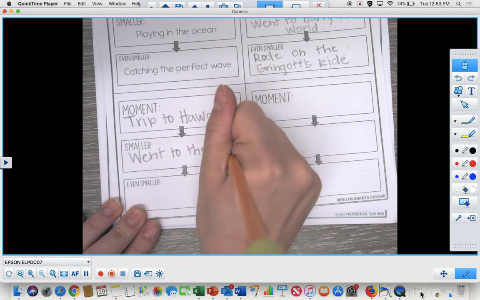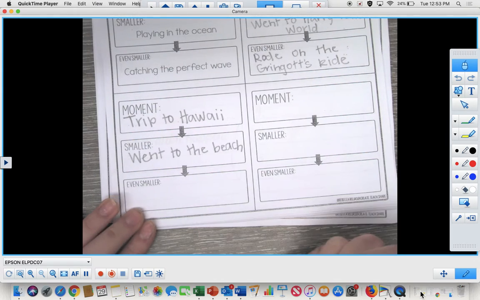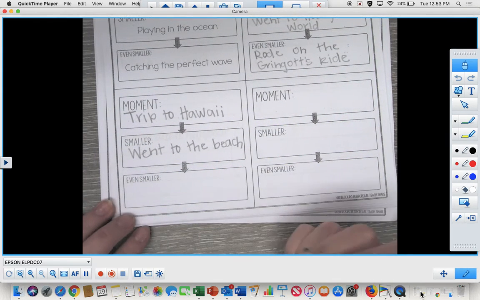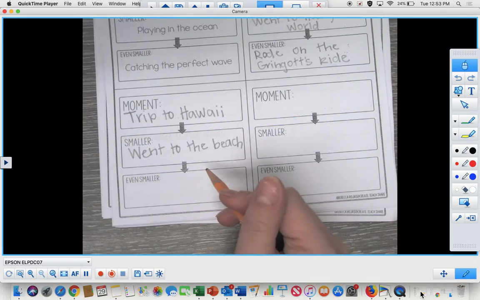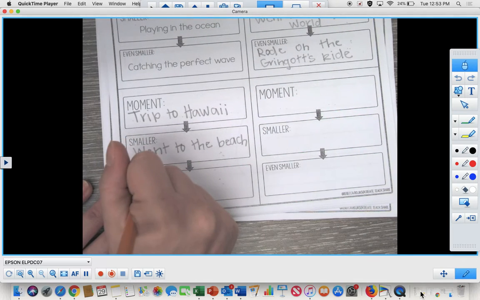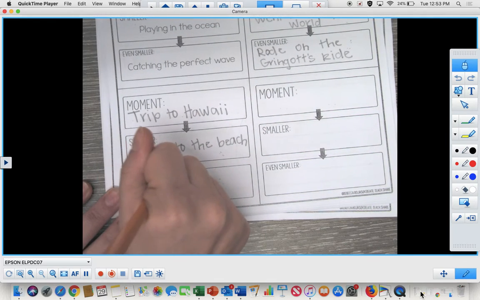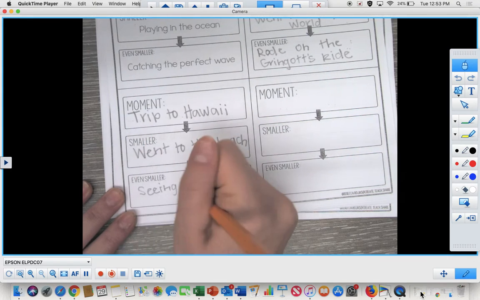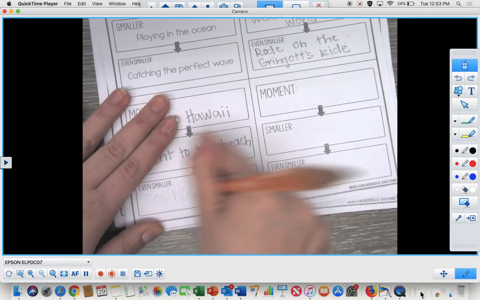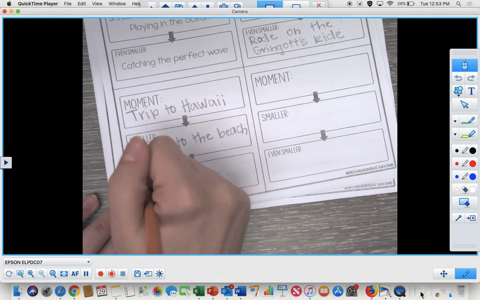Again, that is way too big of a moment. What did I do while I was at the beach? I can talk about a lot of the different things that I did at the beach, but one moment that's even smaller than just going to the beach is talking about seeing a sea turtle. I saw a sea turtle, or I should say saw, because that was past tense, so I want to make sure that I'm going past tense.